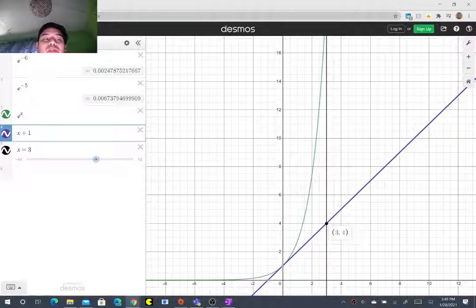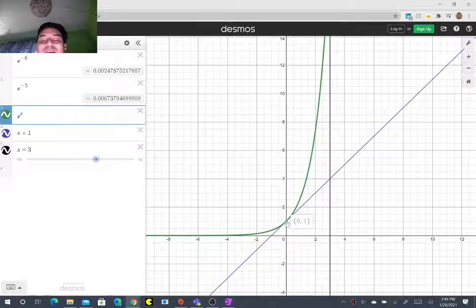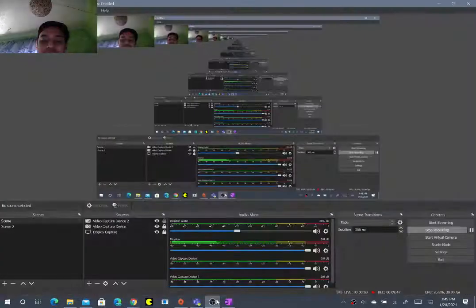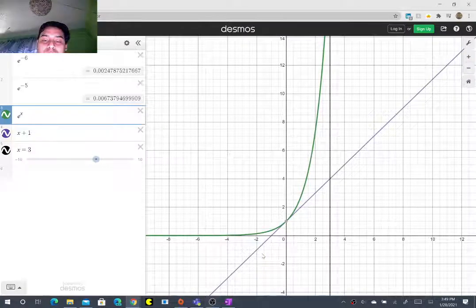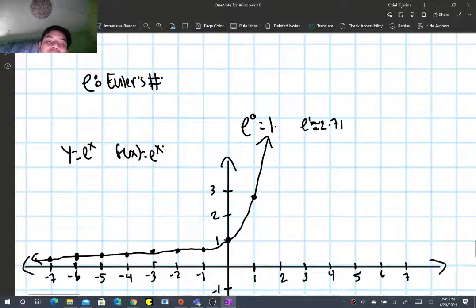So you see, even though they touch the y-axis, you can see clearly that the exponential function is growing a lot quicker than the linear function, okay? Also, this is not a constant rate of change.